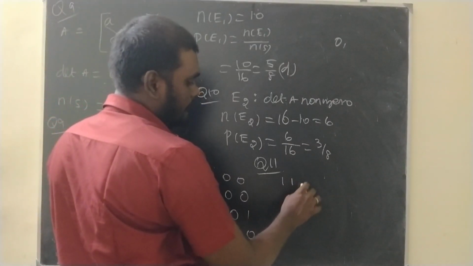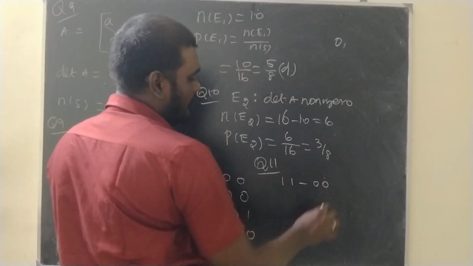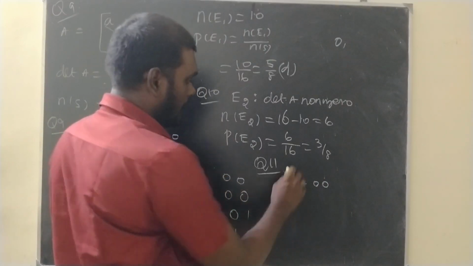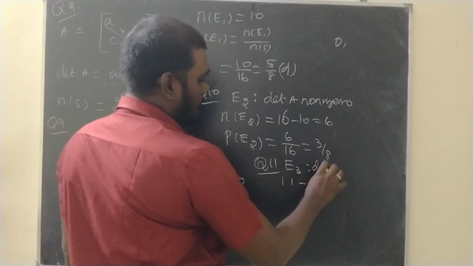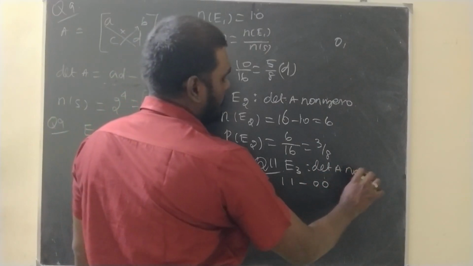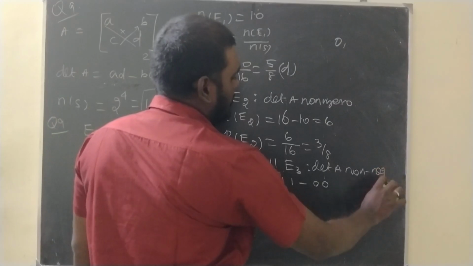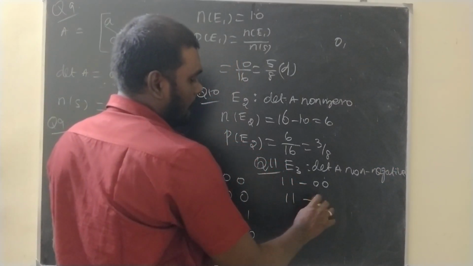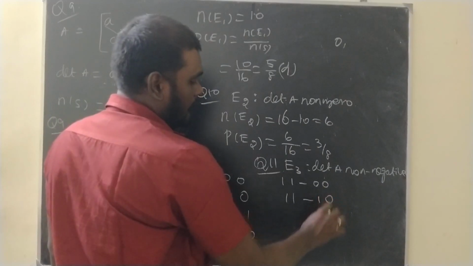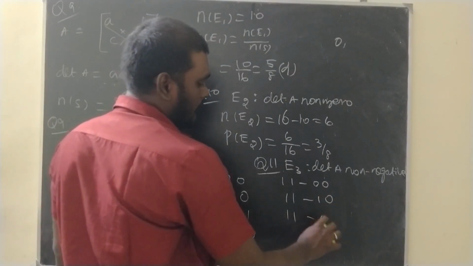When will it be positive? When these both are 1 minus these two are 0. So first I have to name the event. Sorry, E3. The event is: determinant of A is non-negative. So either this is 1 1, that is 1 0, or this is 1 1, that is 0 1.